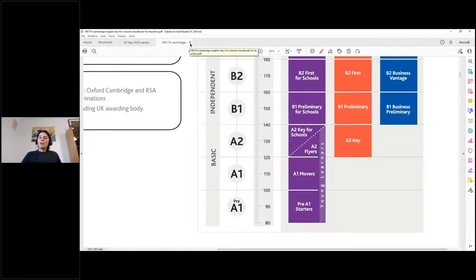And you can send me a text message letting me know how many points you got during your reading and writing exam and during your listening exam.